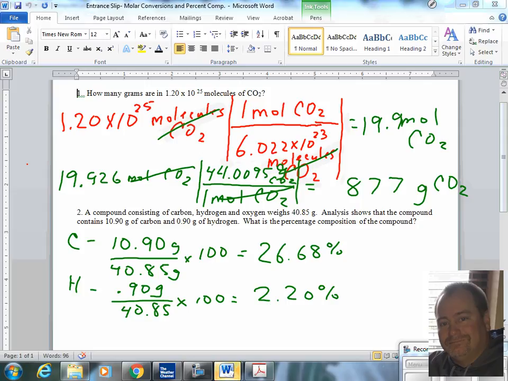Now for oxygen, I have to find out how much oxygen is there. So I'm going to take my total value and subtract how much carbon I have, and then subtract from that value how much hydrogen I have, and that's going to give me a value of 29.05. Sound right?